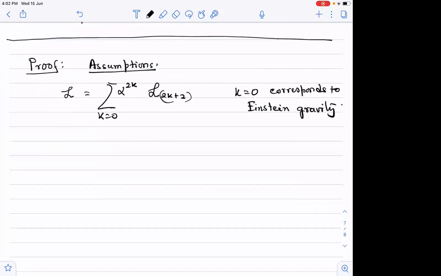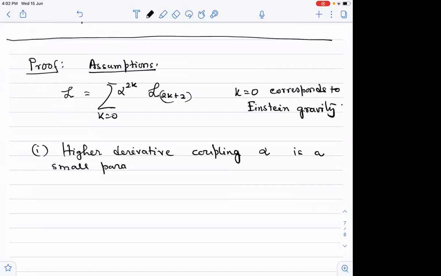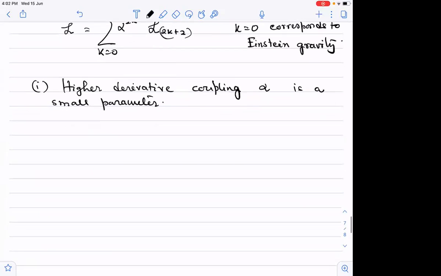The assumption is that alpha is a small parameter, the higher derivative coupling is a small parameter. So it makes sense to expand in powers of alpha.